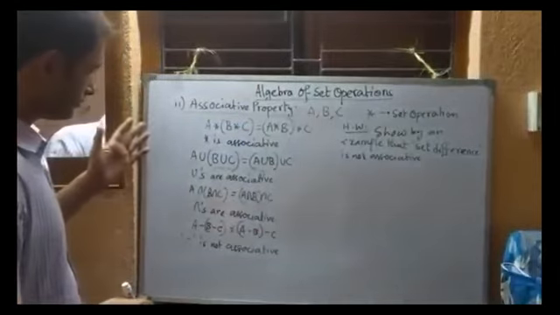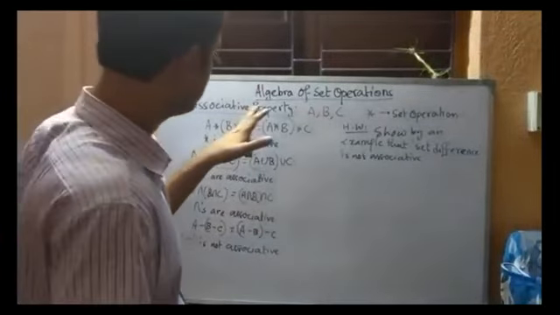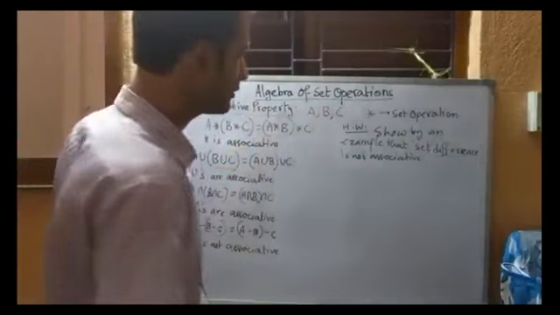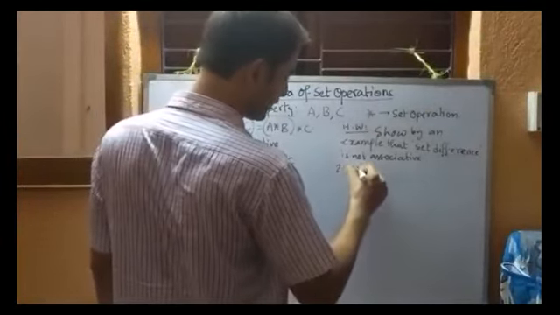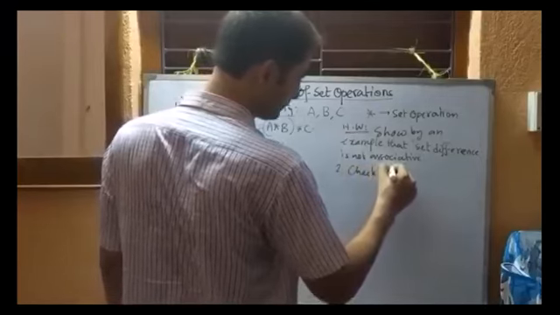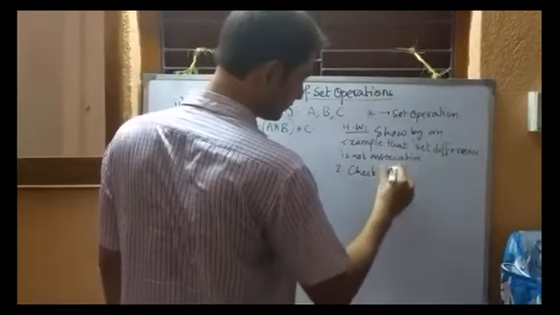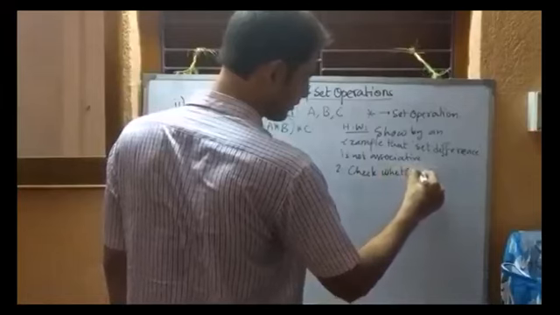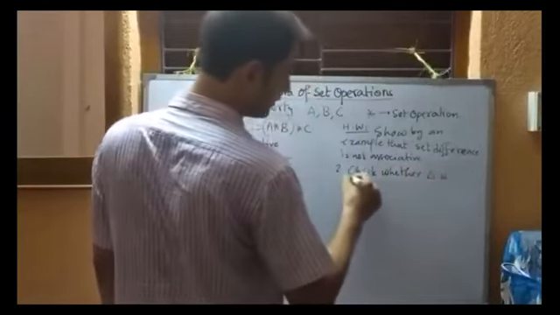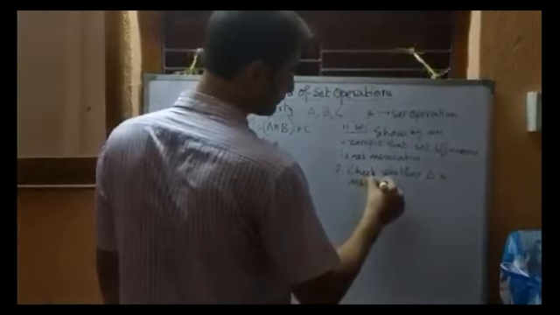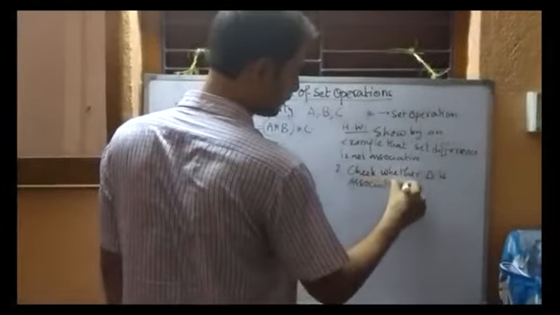Okay, so whether delta will be associative. So this is your second example homework, that check whether delta, that is the symmetric difference, is associative or not.